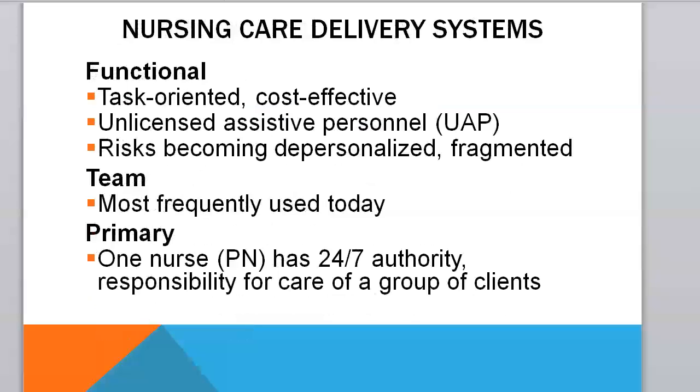So let's look at the different types of nursing care delivery systems. The first one is called functional nursing. It's more of a task-oriented approach. It's much more cost effective. The unlicensed assistant personnel, or the UAP, really does play a very, very important role in functional nursing.